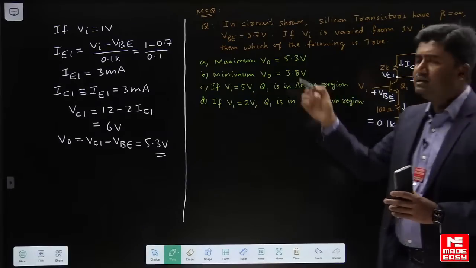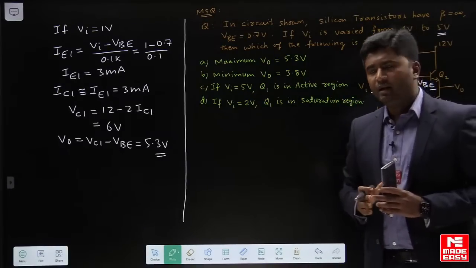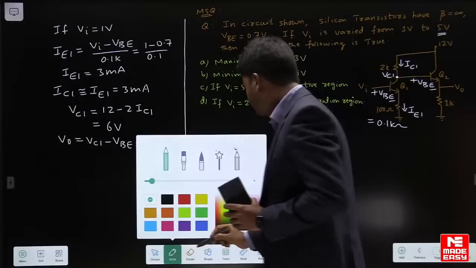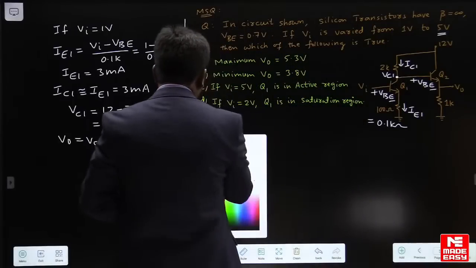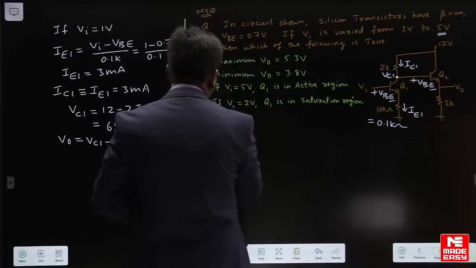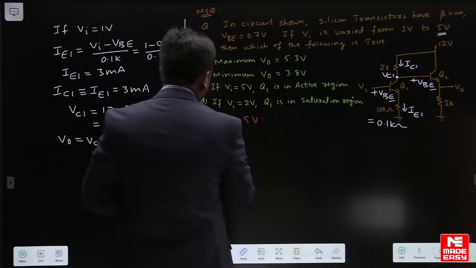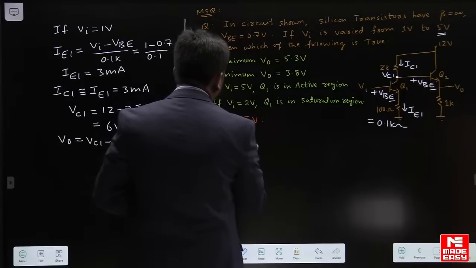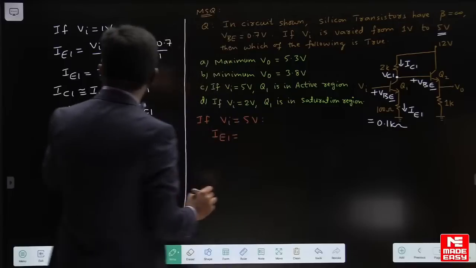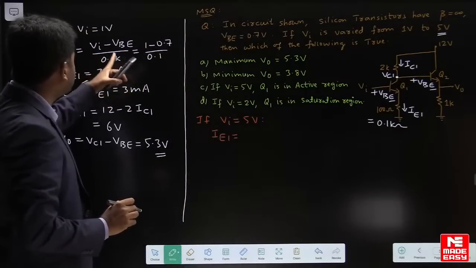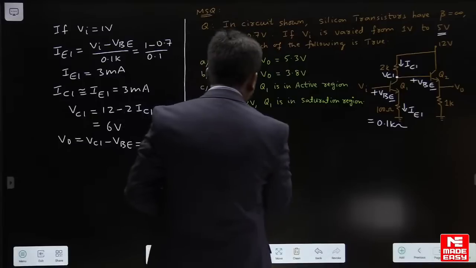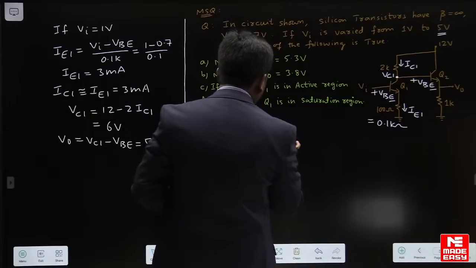Let us also calculate output when input is 5 volt. Let us repeat the same calculation by taking input as 5 volt. Let me take here input 5 volt. If VI is 5 volt, then IE1 will be equal to, using the same approach, 5 minus 0.7 divided by 0.1.